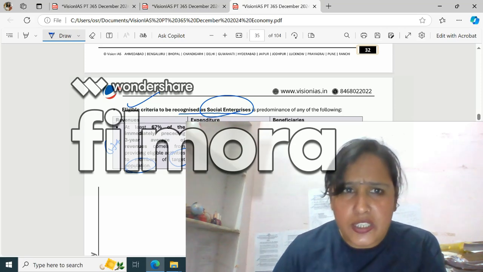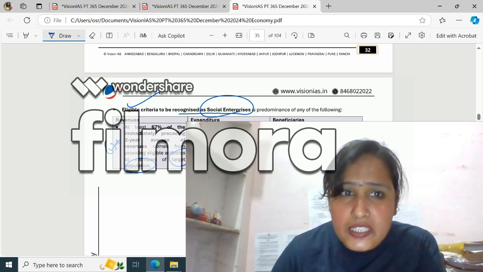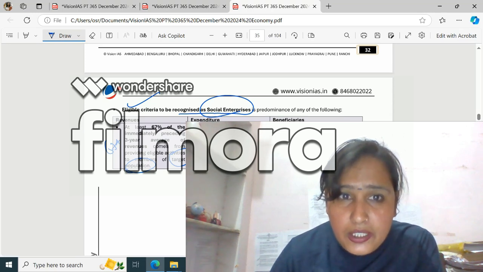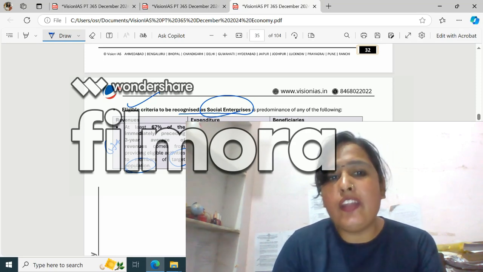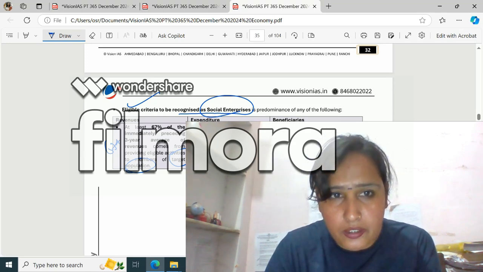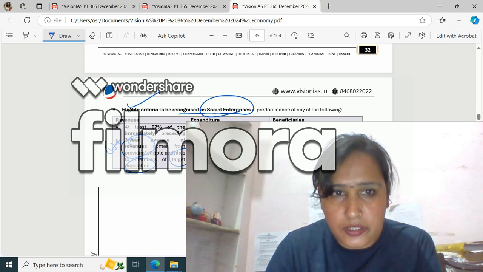If they are giving that share of their total revenue to the target population, that means for the eligible activities, it is a social enterprise. Second, at least 67% of the immediately preceding 3-year average of the expenditure has been incurred for providing eligible activity to members of the target population.